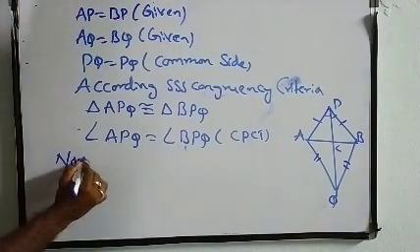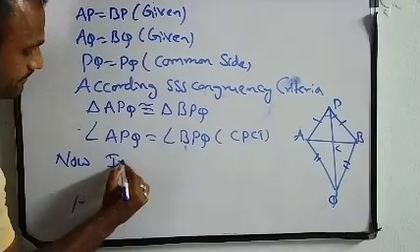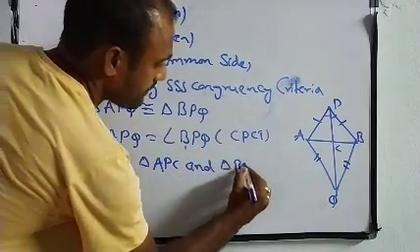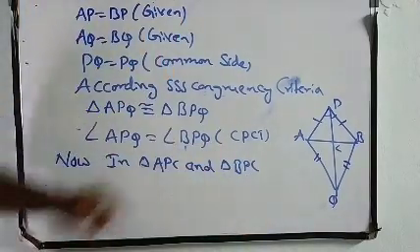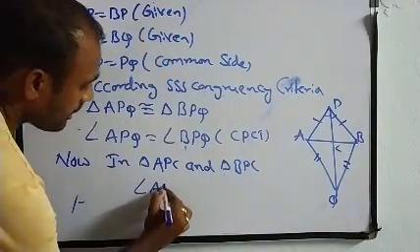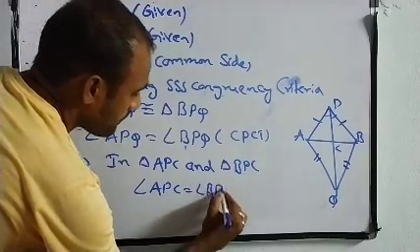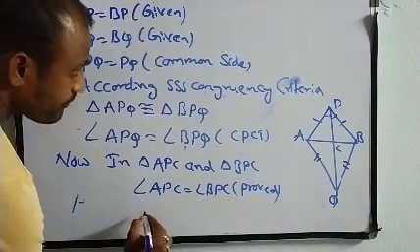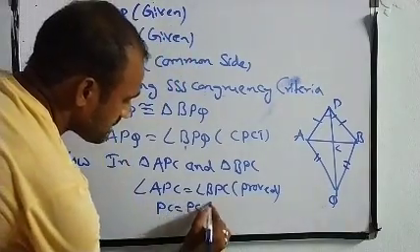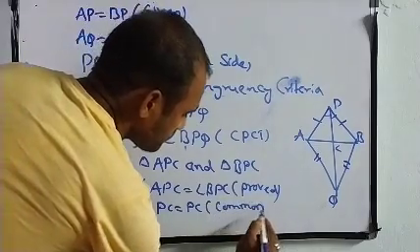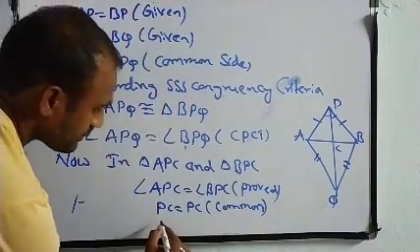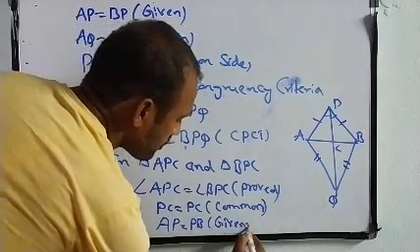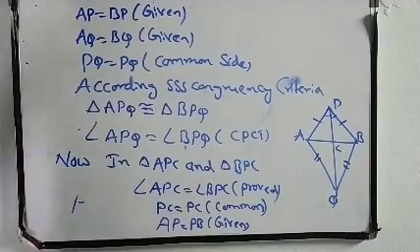Now let us take another two triangles in order to prove. Take triangle APC and triangle BPC. Angle APC is equal to angle BPC, which is already proved above. PC is equal to PC, which is the common side, and AP is equal to PB, which is given.